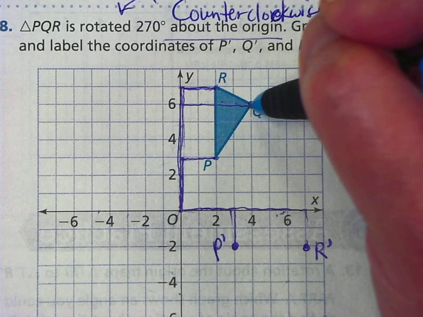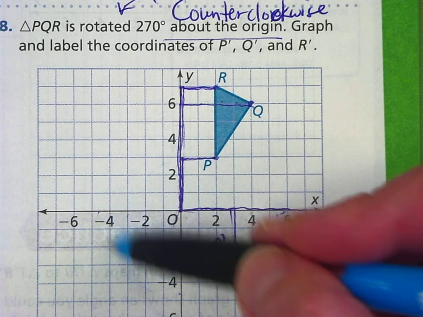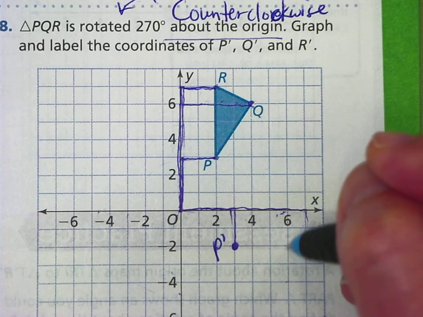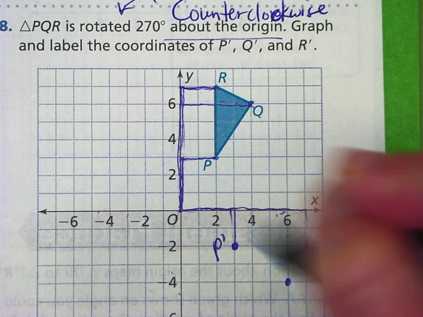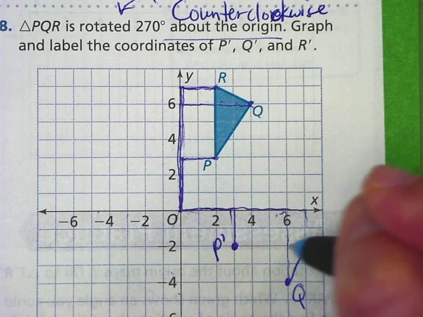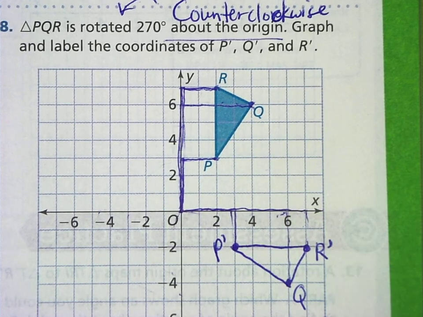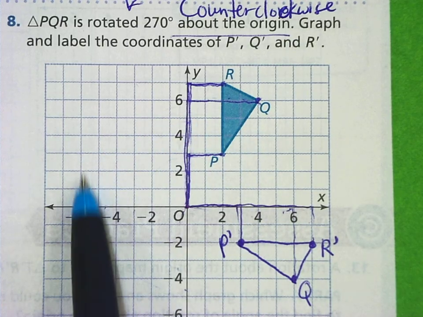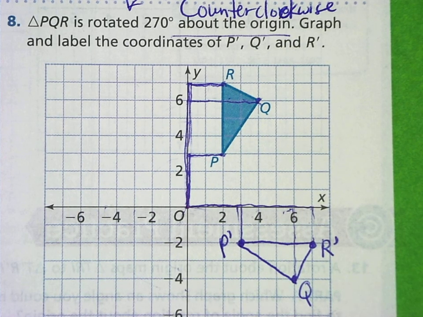I'm going to make 1, 2, 3 turns to the left and move over 6, out 4 units. This would be Q prime. So that was a 270-degree counterclockwise rotation, 3 turns left.